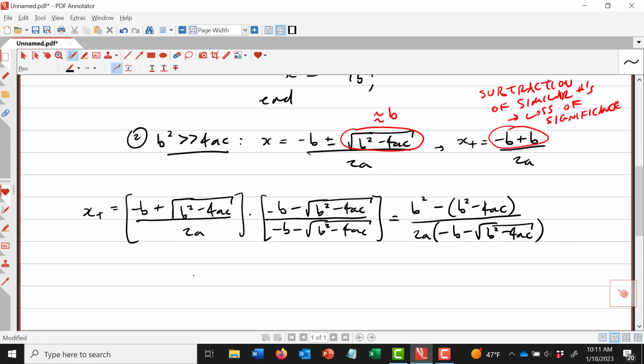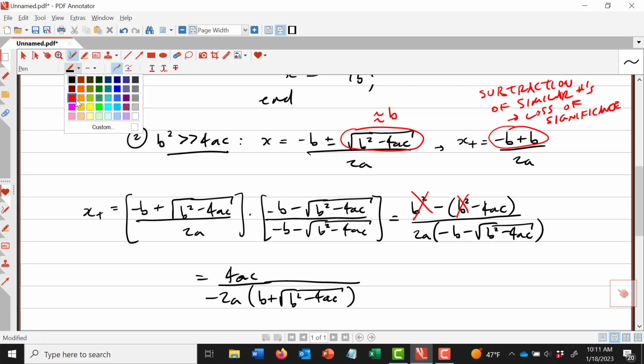This can be simplified, obviously. So the b squareds in the top cancel out. So that goes away and that goes away. So we're left then in the numerator with just 4ac. And in the denominator, let's take out the minus sign up front. So it's minus 2a times b plus square root of b squared minus 4ac. We can simplify it further by dividing 4 by 2, getting rid of the a's.